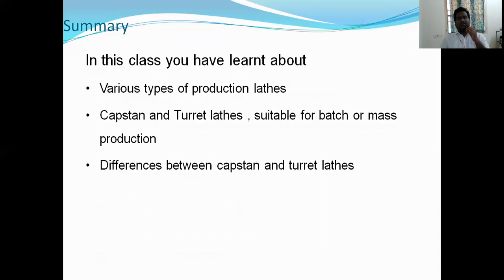We have already discussed that batch production means similar operations are going to be done on the products. And mass production means similar products, but we produce them in large quantity.